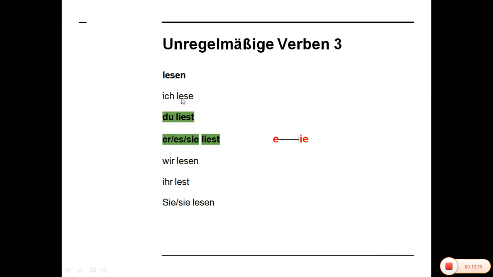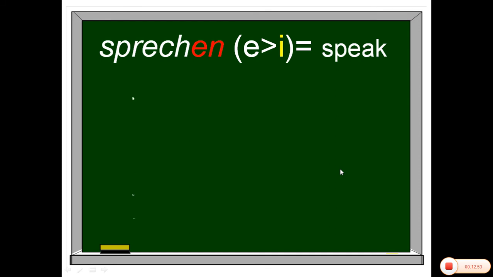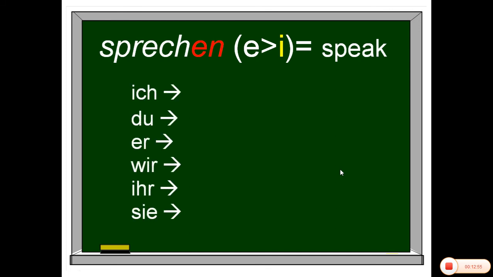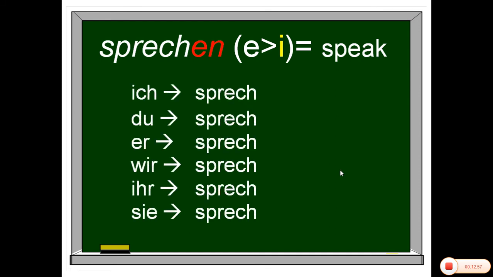So this E will be changed to IE and then it becomes liest. Once again, because it is ending with S, there is no need to add another S for the du form. Wir lesen, ihr lest, sie und Sie lesen. So these are the three basic changes that take place. We'll see some more examples where E changes to I. Conjugate it first on your own.